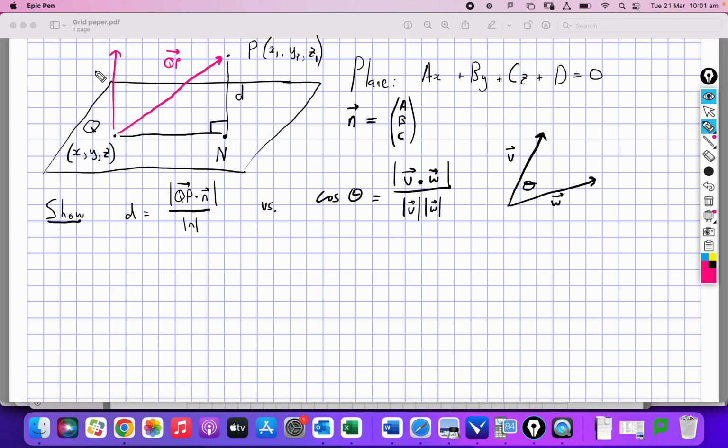So if I put my normal in there, I would be finding an angle here. Now I guess you could draw it there as well, but I'll just do it this way, that's fine. Now that I've put in QP, I'm also seeing a right angled triangle. I'm seeing cos theta in a formula that looks really similar to the one they want me to derive.